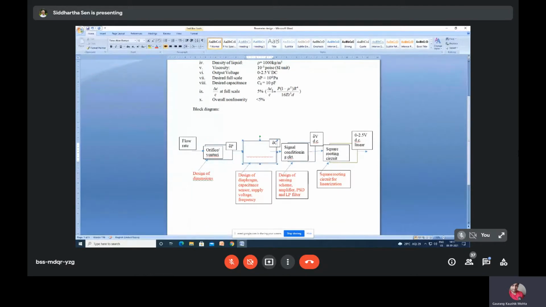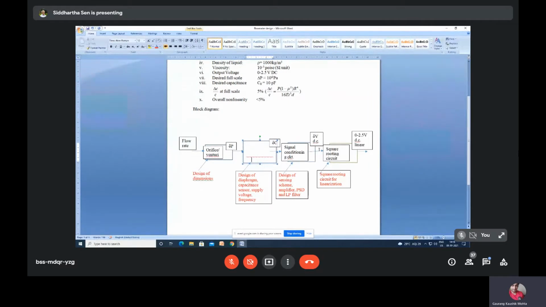The formula for delta C by C for a capacitive type diaphragm is P into (1 minus mu squared) r to the power 4 over 16 E T cube into D, where mu is Poisson's ratio. So this is the thing. From this, we have to assume the gap and all the other things, and we get some DC voltage.